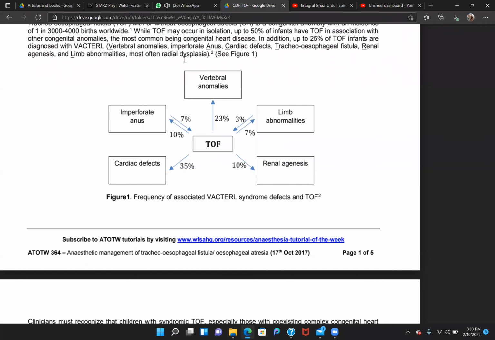Imperforate anus may not be obvious immediately in the early days, but it will be diagnosed. Vertebral anomaly will be done on the clinical examination or by some radiological studies. Similarly, renal agenesis by ultrasound. Limb abnormalities will be also.